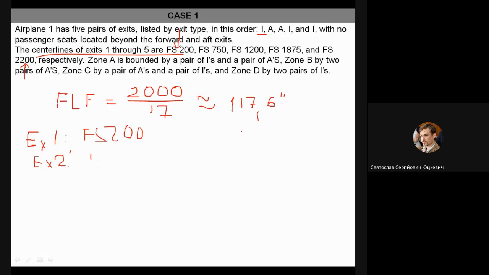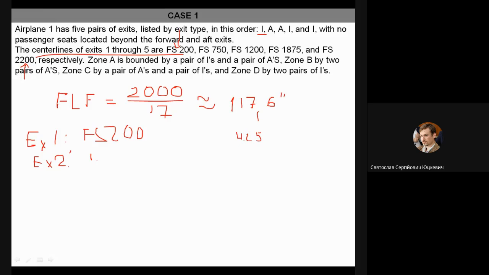Unfortunately, I erased it. What is the total exit units for zone A? 4.25. Yes. It's a type 1 plus type A exit.